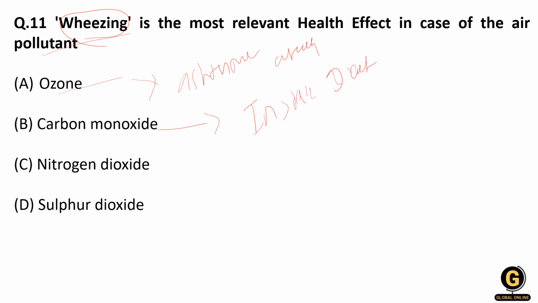Nitrogen dioxide will irritate your respiratory system, right? And sulfur dioxide will cause wheezing. What happens in wheezing? You will have breathing difficulty, and you will make noise while breathing, right? So you have to remember that sulfur dioxide causes wheezing.